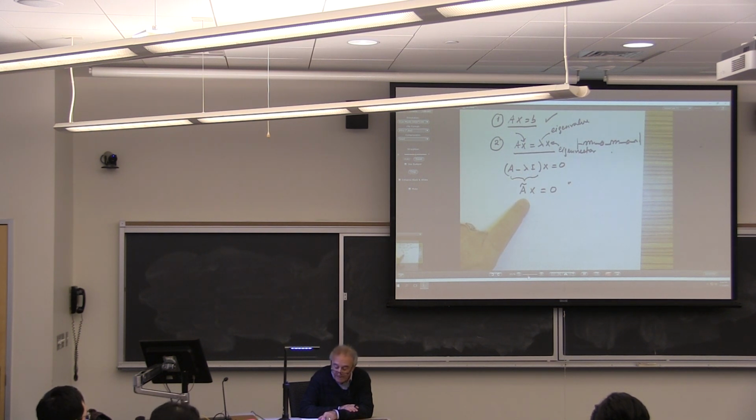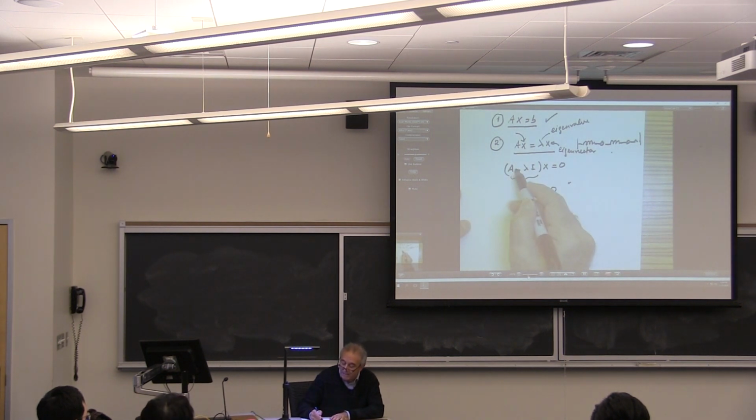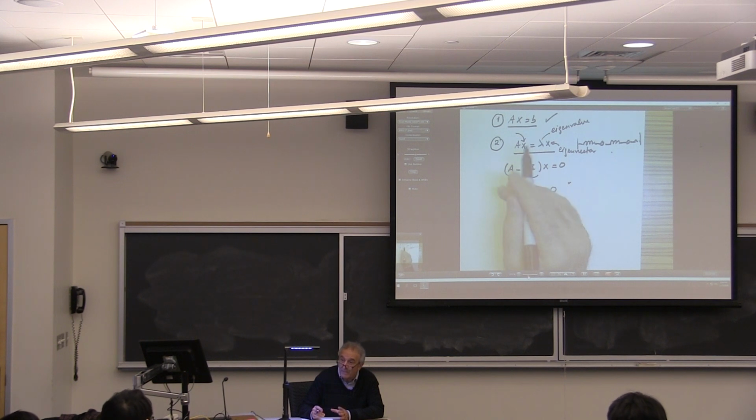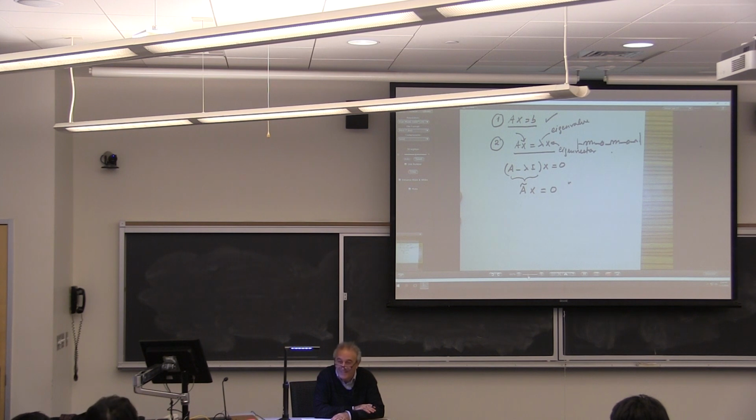Nevertheless, A tilde times x equal to 0, and this matrix A is a square matrix, by the way. The eigenvalue-eigenvector problem always gives you a matrix A that is square. If you want to define something like eigenvalues for non-square systems, that doesn't make sense in the usual way, but you can develop theoretical results to talk about eigenvalues of non-square matrices.